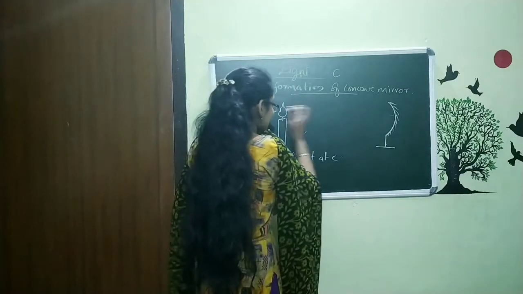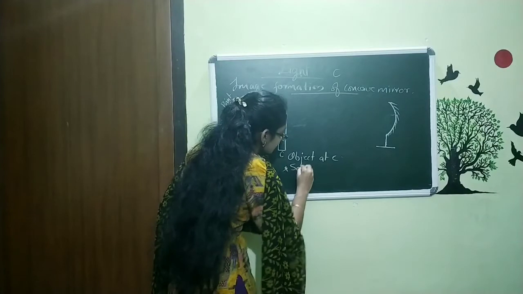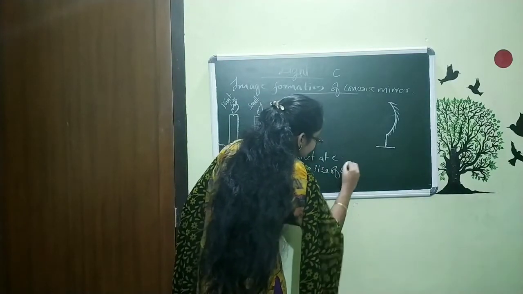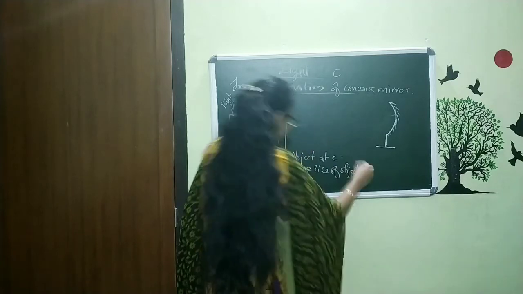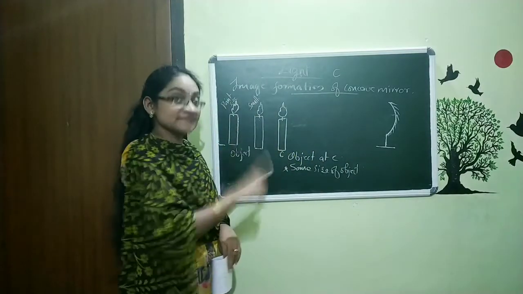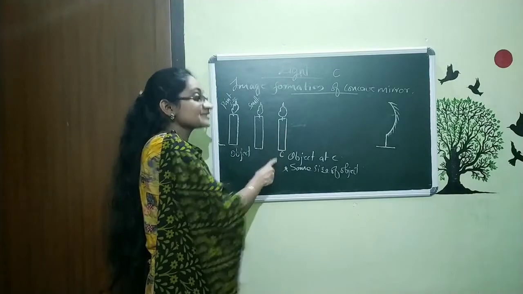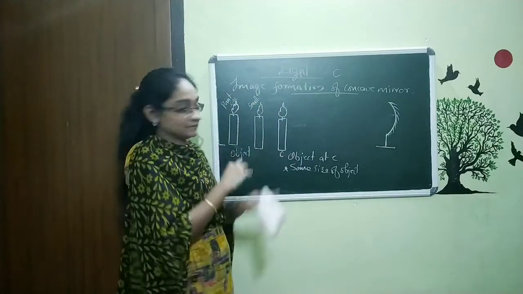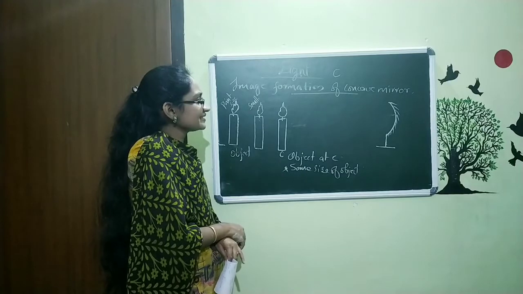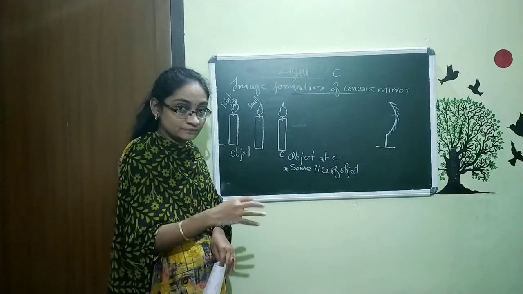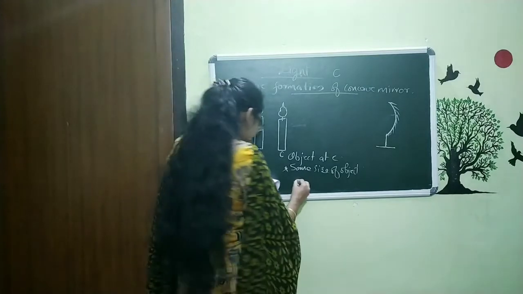So we can say the image has the same size as the object when we place the object at C. The C is the center of our mirror. Now the question is, is it real or virtual? It is actually real.